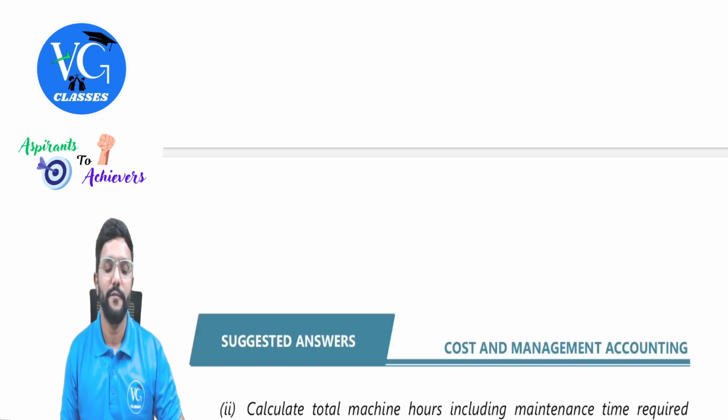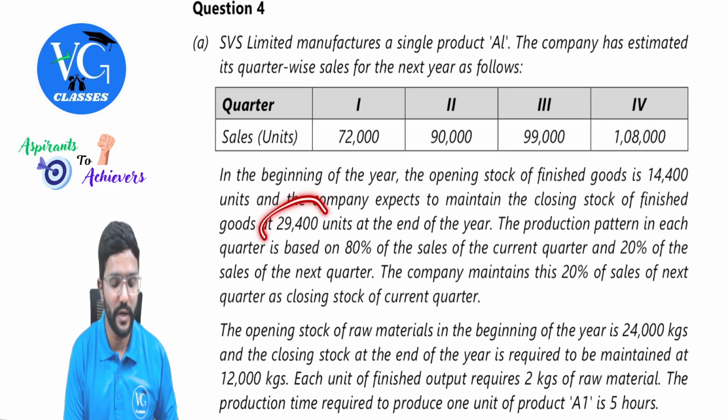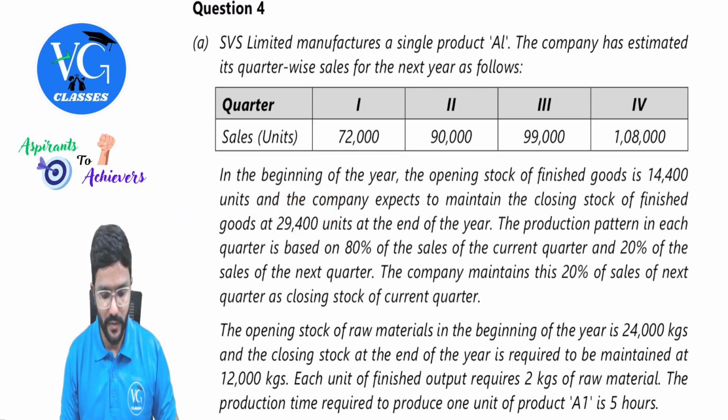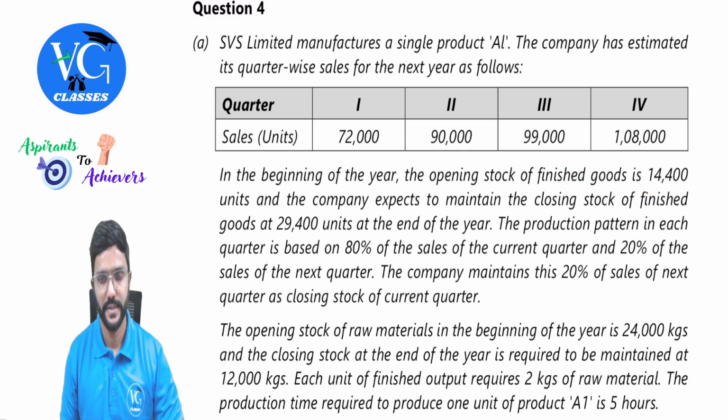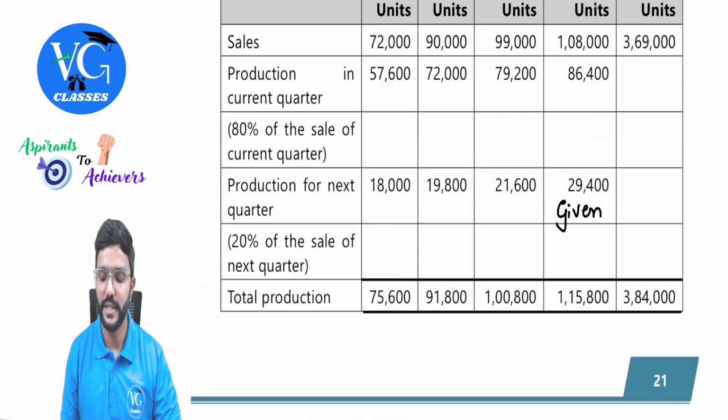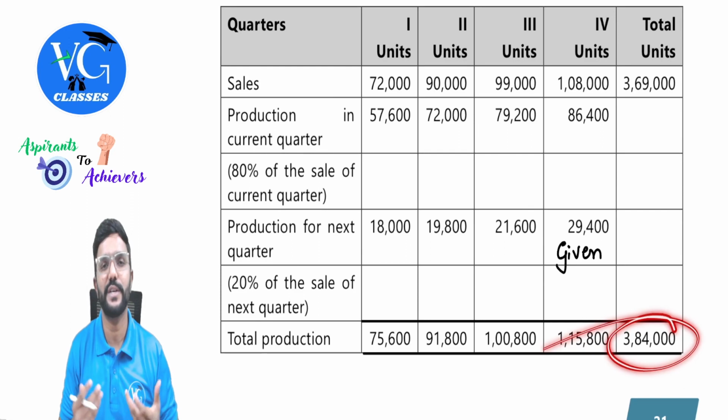For that, add closing stock. So 3,69,000 plus 29,400 minus opening stock. We will get 3,84,000, guys. Is it matching? Yes. So you can cross check like this.